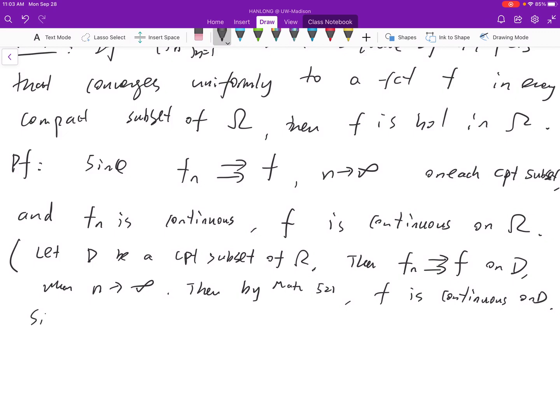Since D is arbitrary, F is continuous on the whole domain omega.